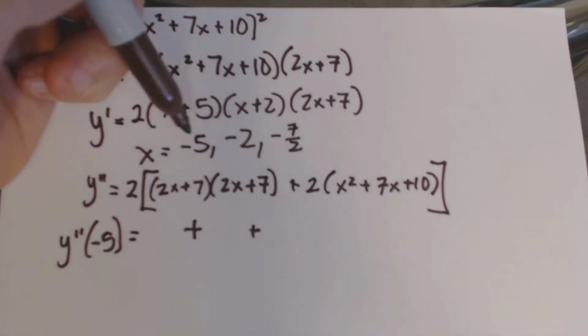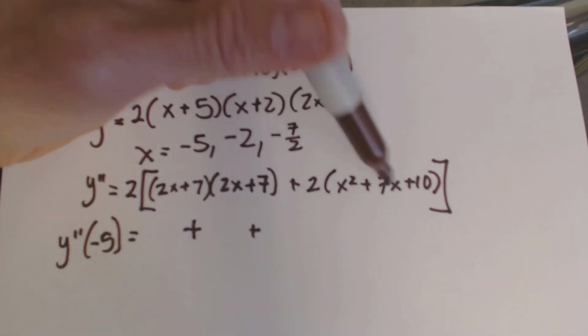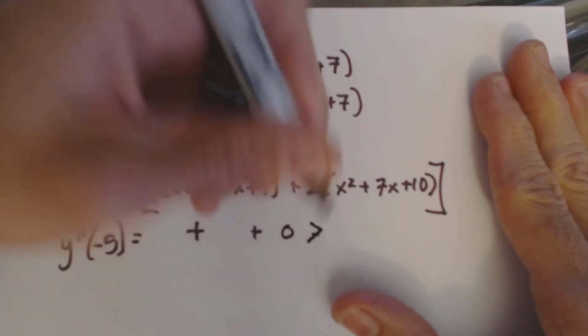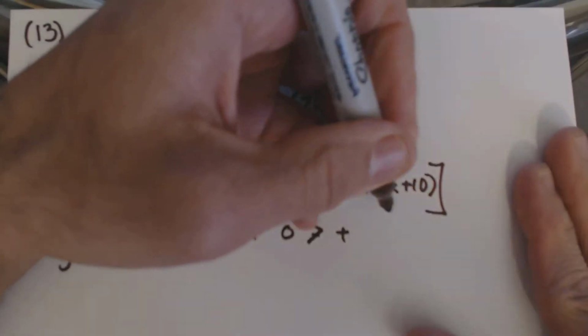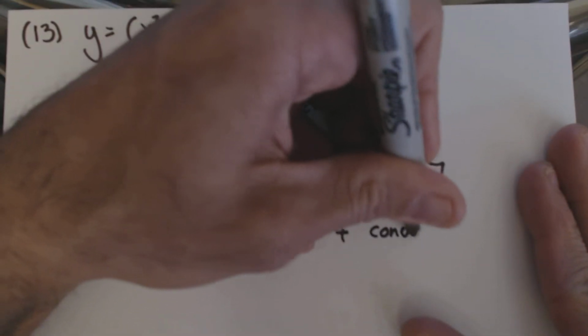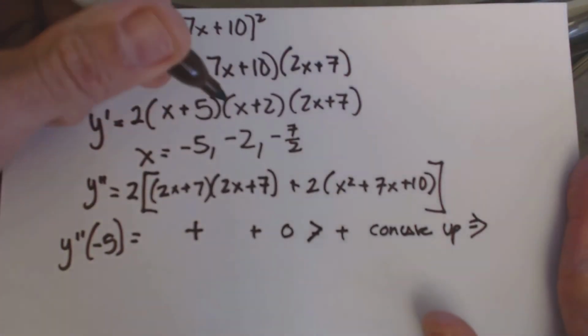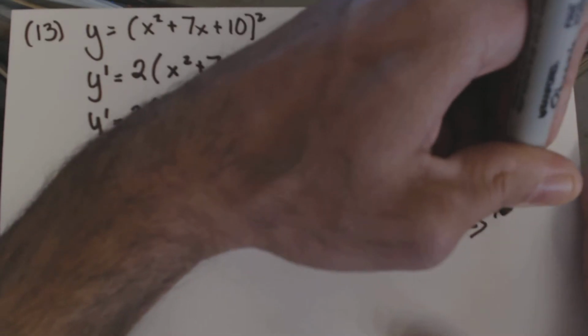So actually we've already identified these to be zeros of this function. So this thing is going to be a 0. So it's going to be plus 0, which means that this whole expression evaluated at negative 5 is going to be positive, which means it's concave up, which means that at the value x equals negative 5, we have a relative minimum.